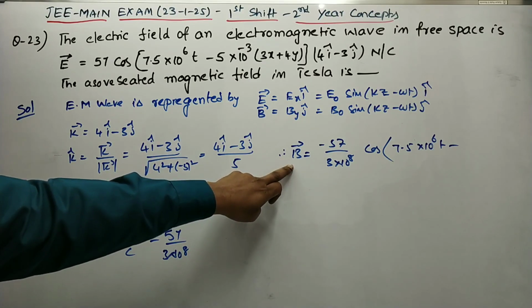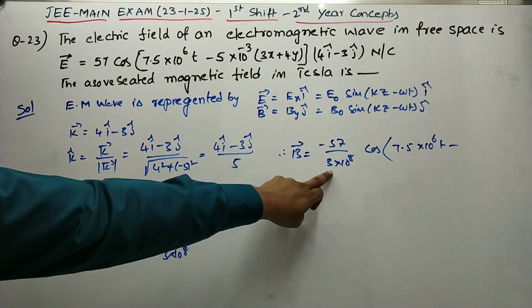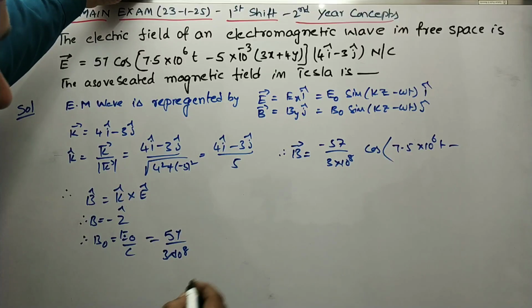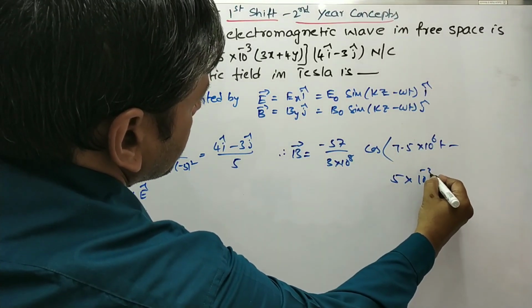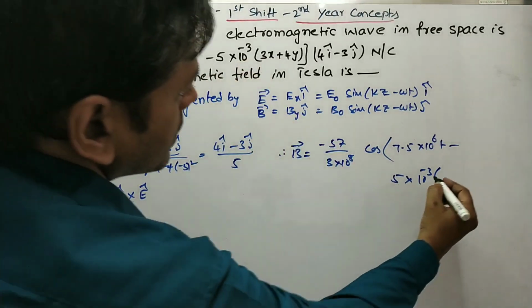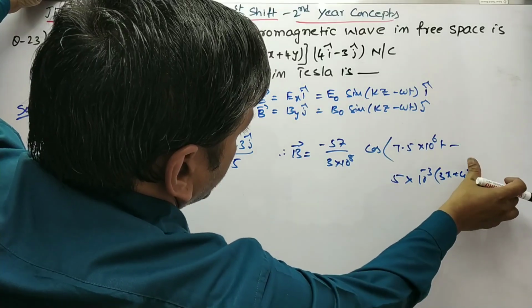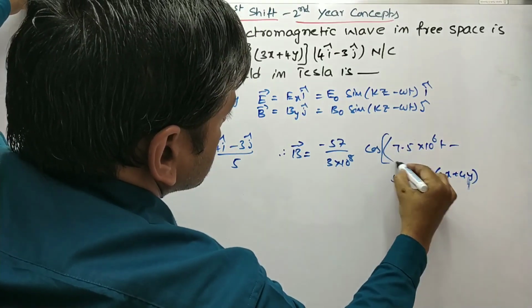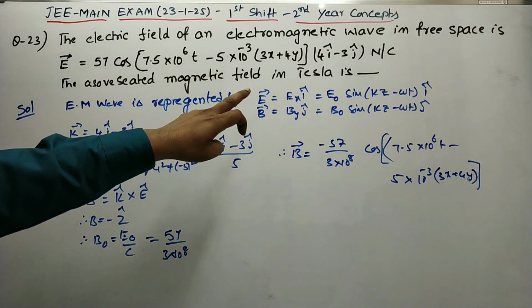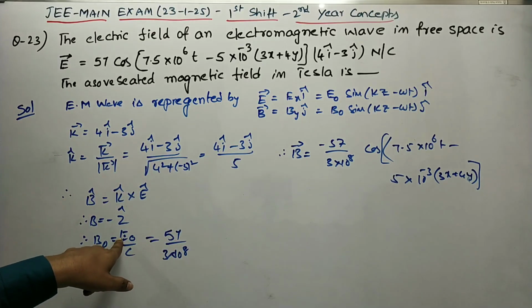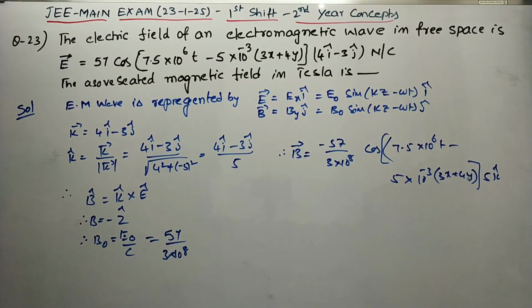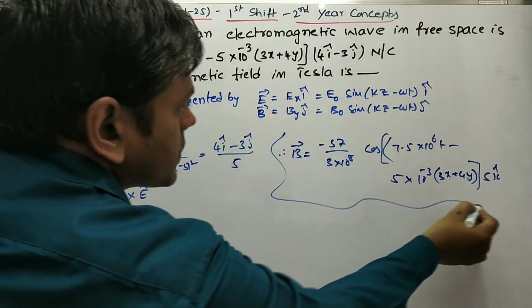Okay, so B bar is equal to minus 5 into 10 power minus 3 into cos, and so on. So this is the answer for this question.